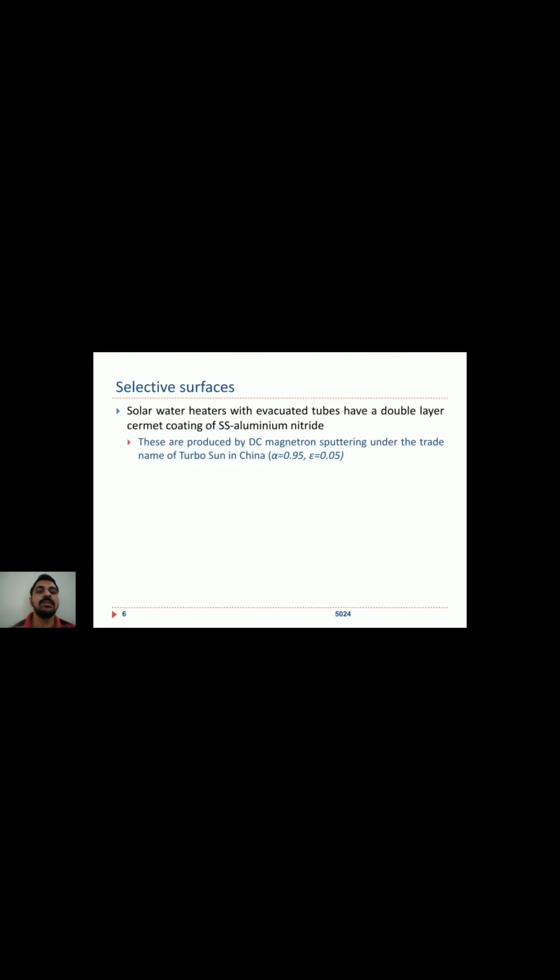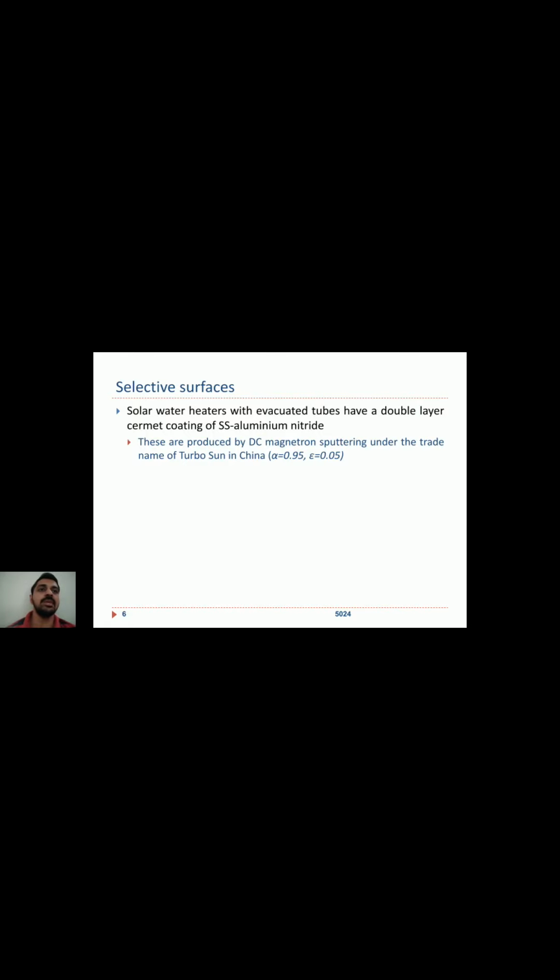Black chrome is made by the process known as electroplating. Now in solar water heaters, the selective surfaces are produced by DC magnetron sputtering under the trade name of Turbosun, where the absorptivity you can see here is 0.95.